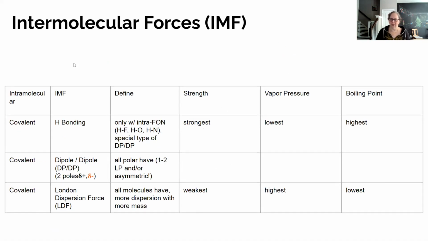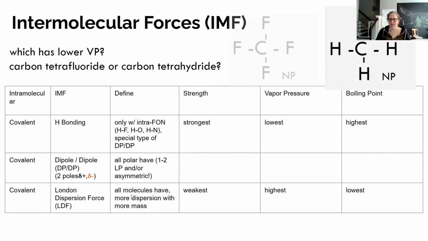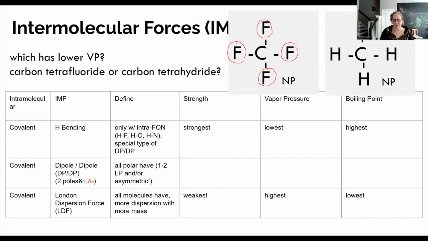So if you can identify each one, then the next step is making sure that you can compare. Which of these has the lower vapor pressure, carbon tetrafluoride or carbon tetrahydride? Draw both out. These are both nonpolar. Why? They're symmetric. They all have the same outer atom, fluorine, even though this one's not a completely correct drawing.